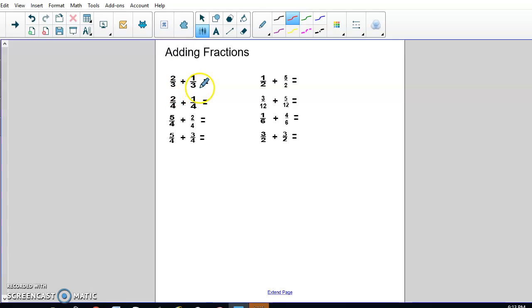So when we're adding fractions with the same denominator, or the same bottom number, hopefully what you notice is the trend that if the bottom number is the same, and you're going to have to excuse my really poor writing here, the bottom number of your answer will always be the same, and the top number will be the numerators added together. So 2 plus 1 is 3. So that would equal 3/3, which is the same thing as 1 whole.